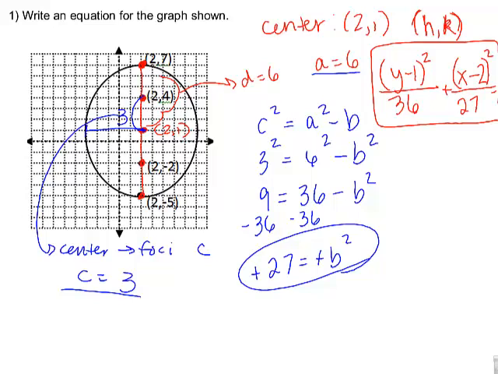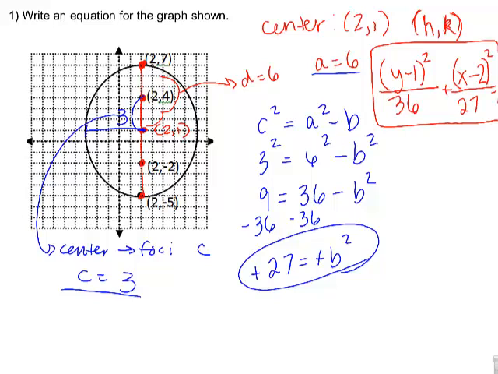Since the center was (2, 1) on the graph and the form has a minus, we have to make sure that we do y minus 1 instead of y plus 1. Correct. Joshua? If this were longer in the x direction, the 36 would still be first. The larger number in the denominator should always be the first one there.